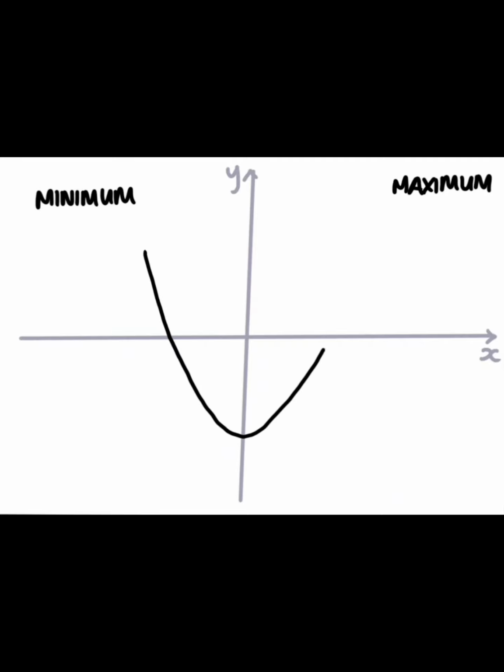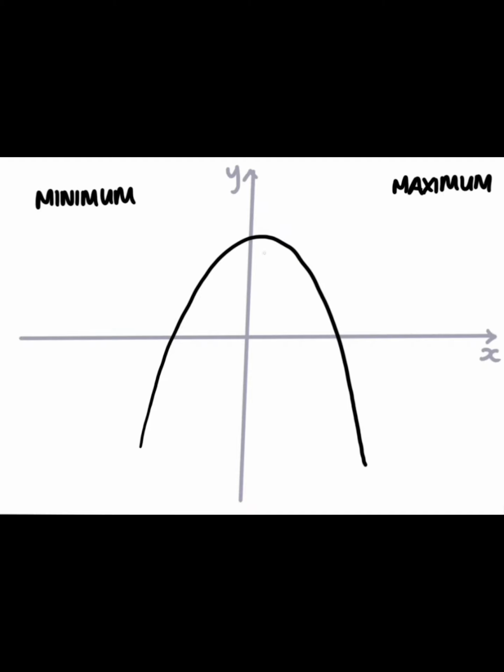So a minimum point is where your graph looks something like this, and the minimum point would be here. Okay, so that's a minimum. And a maximum would basically look the opposite, where you've got a graph that looks like that. The turning point is a maximum point.